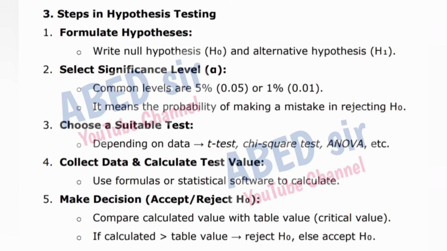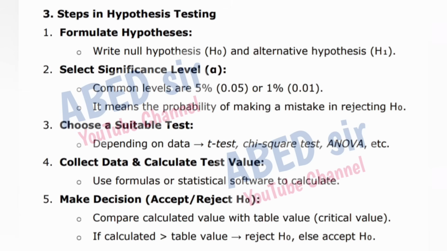3. Steps in hypothesis testing. 1. Formulate hypotheses. Write null hypothesis, H0, and alternative hypothesis, H1. 2. Select significance level, alpha. Common levels are 5%, 0.05, or 1%, 0.01.